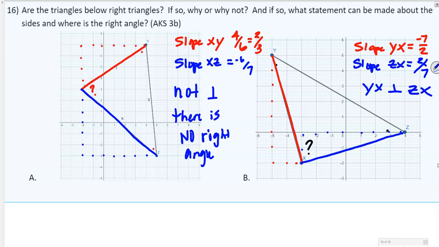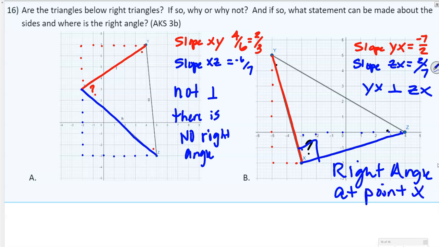We can. Thus, what is there right here? There's a right angle where? At point X. And that makes sense, right? Y'all see that right there? There's an X in this one. There's an X in that one. And for there to be a right angle, the two sides of the triangle have to come together at that point.